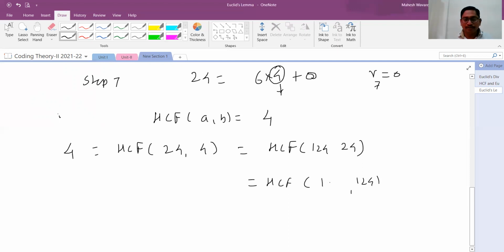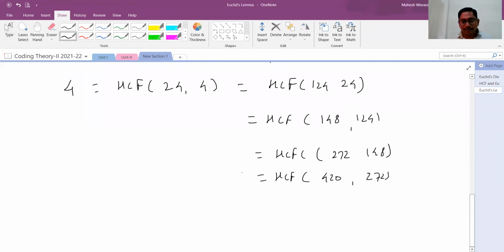You can see it. The highest common factor of 148 and 272 is nothing but the highest common factor of 272 and 420.